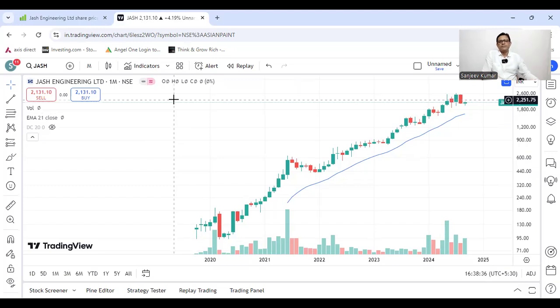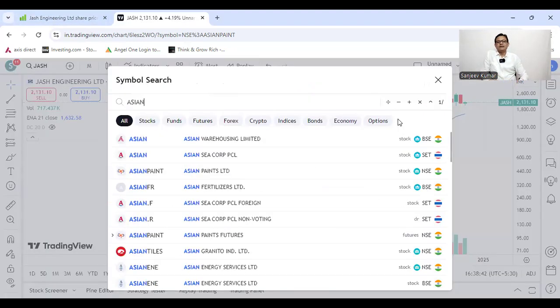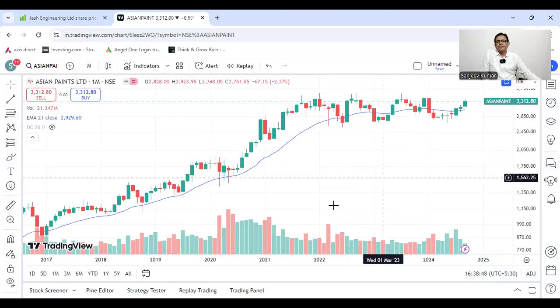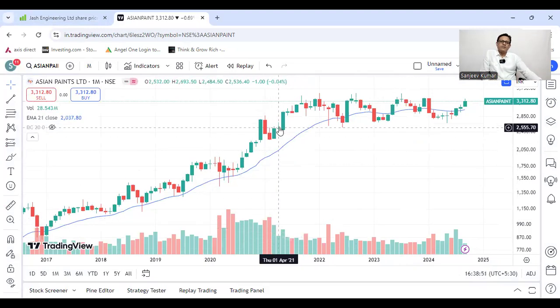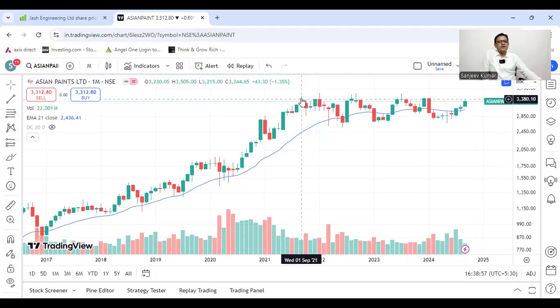So you can jump. But there is one more case you should think about. Asian Paints, a very big, large company. You can see the share price is not growing. It is in a consolidation phase.